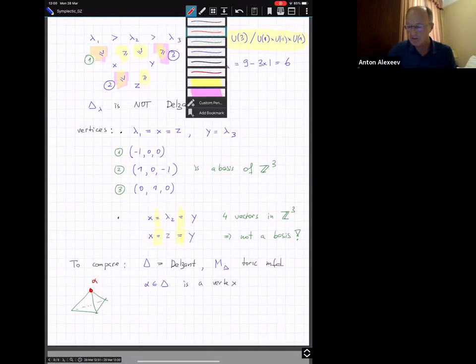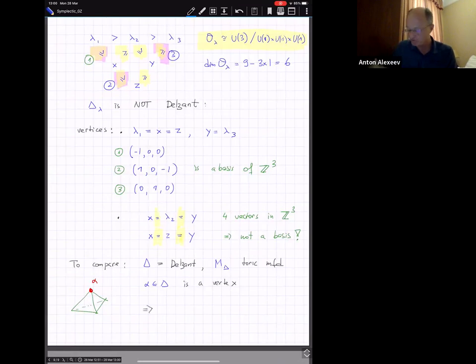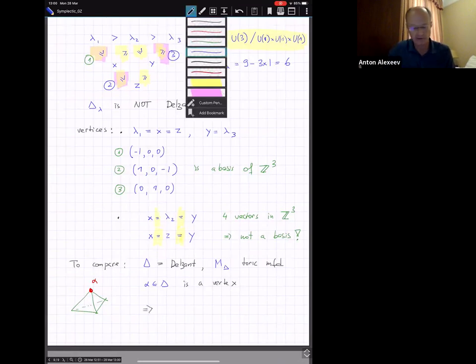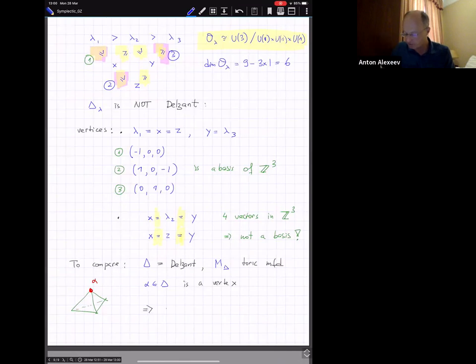Then in the toric story, we know that mu minus 1 of alpha, where delta is the image of the moment map, the pre-image of a vertex is the torus divided by the full torus. In other words, this is a point. So the pre-image of a vertex in a toric manifold is just 1 point.